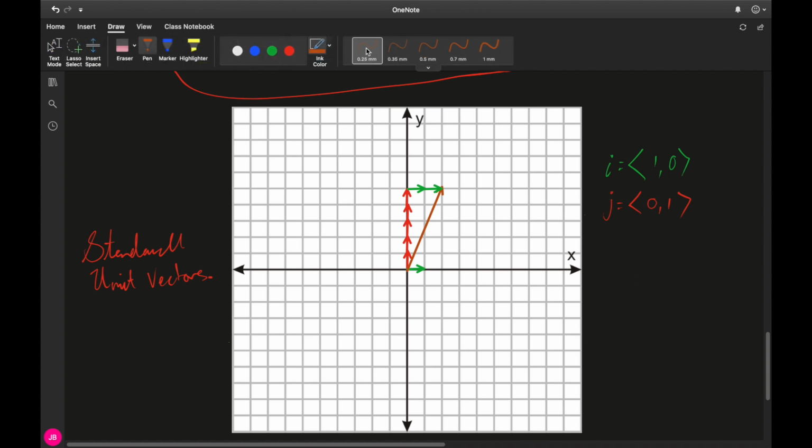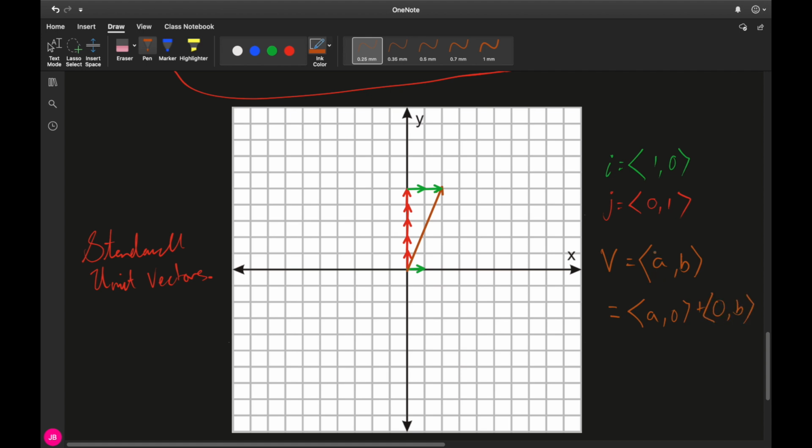We could represent this new vector as an expression in terms of the standard vectors. So if this vector v is equal to a comma b, which is then going to be equal to a comma 0 plus 0 comma b.